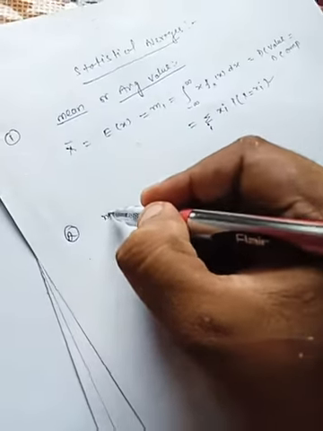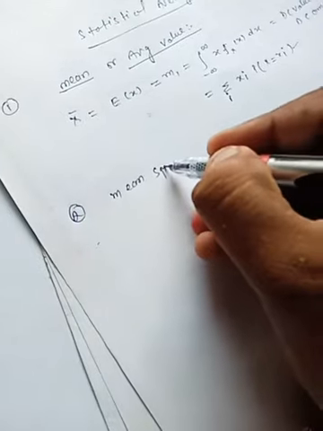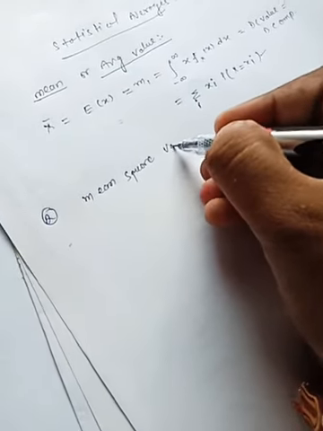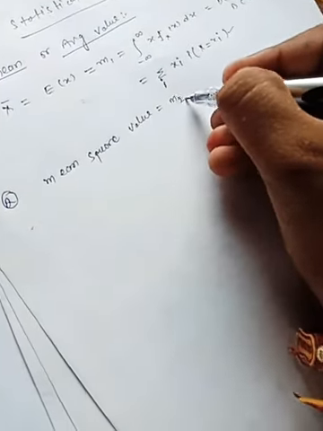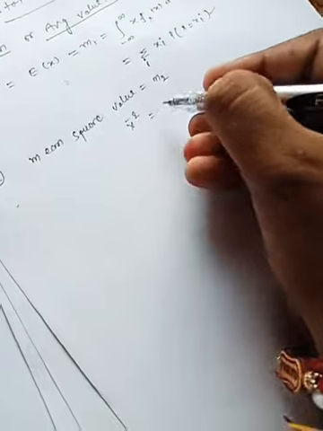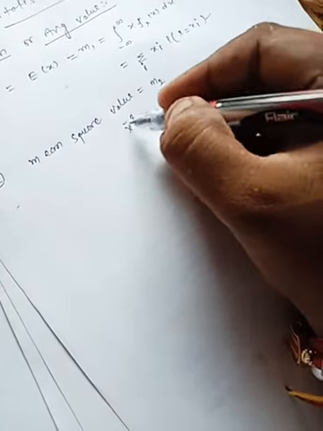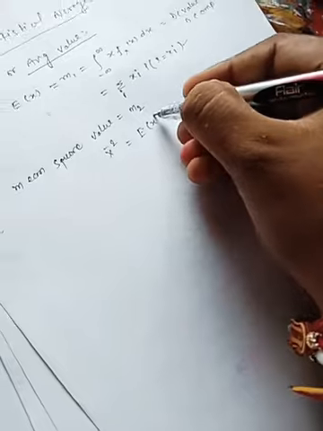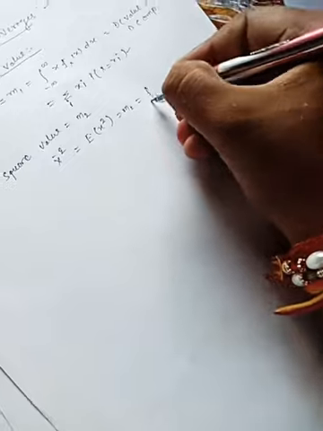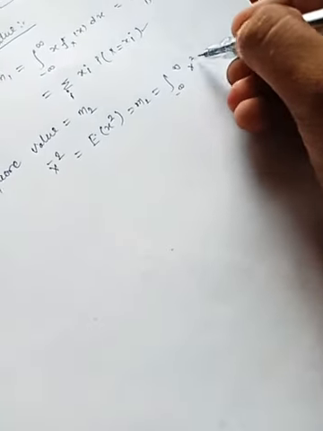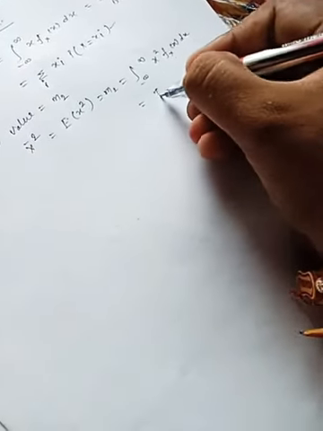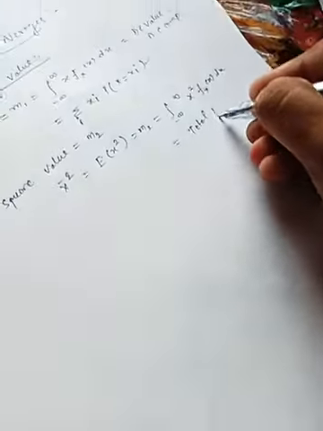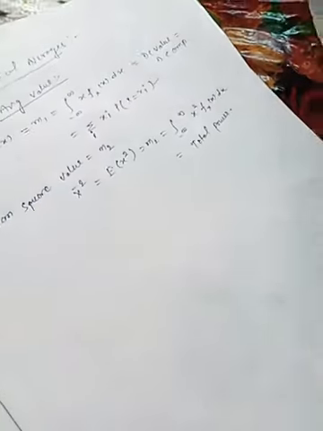Second, mean square value, denoted by m2, which is E of x square, equal to the integral from minus infinity to infinity of x square f of x dx, which is called total power.